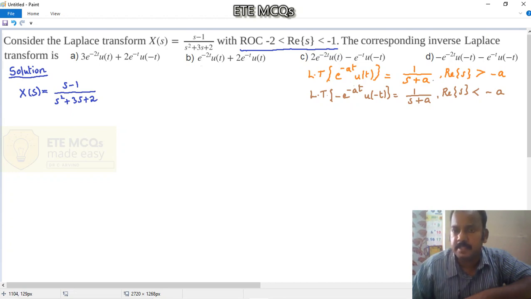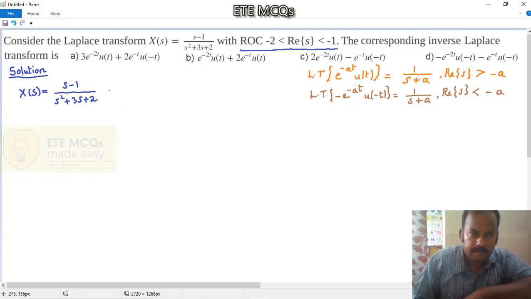Whereas in the previous case, since the transformation corresponds to a right-sided sequence, put a greater than sign. That's it. Without knowing these two transformations, we won't be able to get the inverse Laplace transformation which will satisfy this ROC.